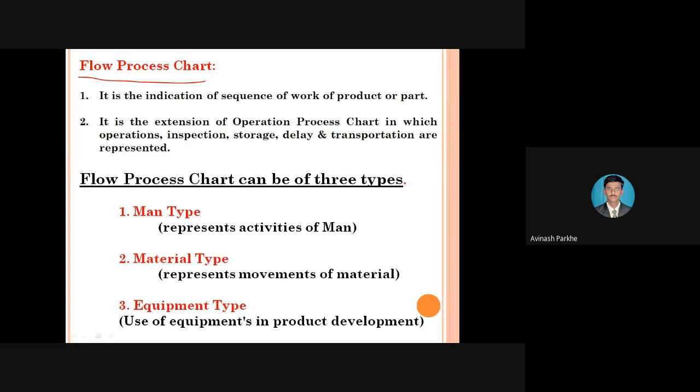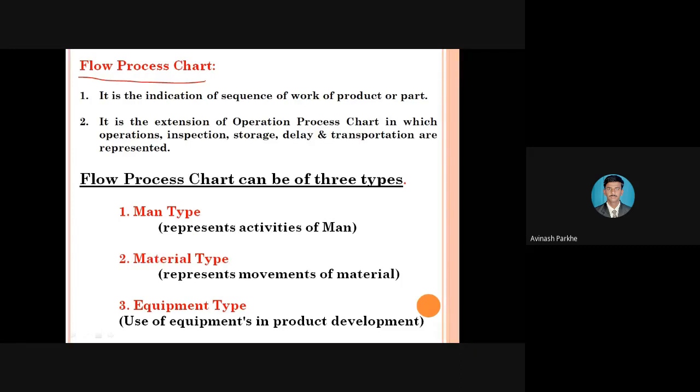The flow process chart is an application, or an extension, of the operation process chart. The name itself suggests that the flow process chart will give the flow of the product, the flow of the operator, and the flow of the equipment or machines.